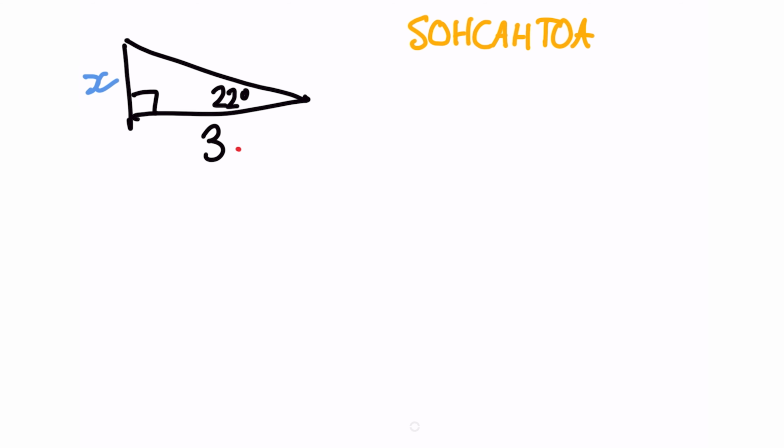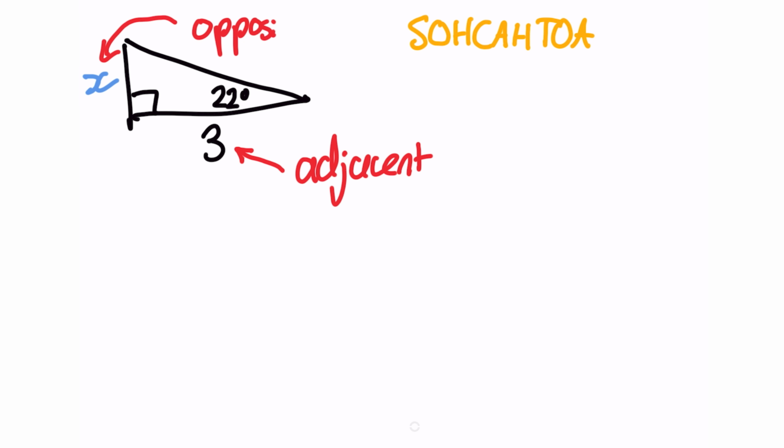Well, I know that this is going to be adjacent, because it's not the longest side, but it is next to the angle, so it's an adjacent side. This x, well, it's in the opposite side, because it is opposite the angle of interest. Now, if it's opposite and adjacent, which one of the 3 trigonometric functions will be used?